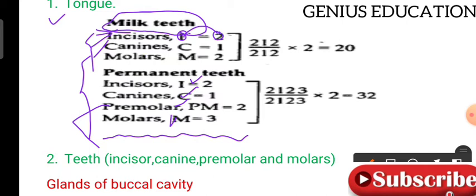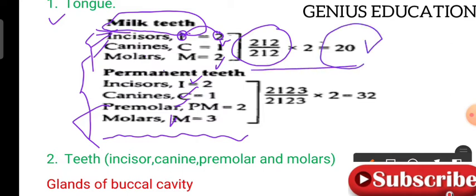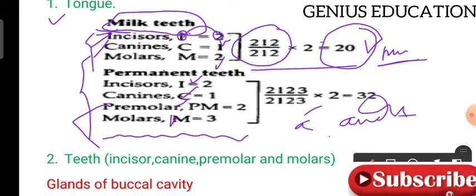Canines, and this premolar. This is one number, and this is also in the upper side 1 and lower side 1. Okay, so 2 1 2 by 2 1 2 is the formula, and there are 20 milk teeth present in the period of childhood.